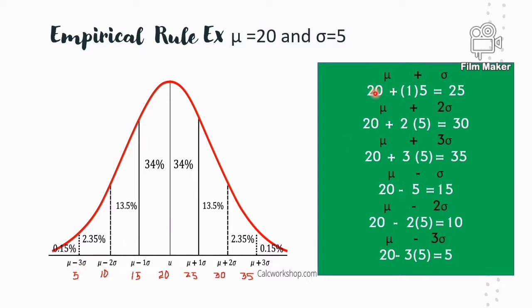So 20 plus 5 is 25, 20 plus 10 is 30, 20 plus 15 is 35. This is for the right side. 20 minus 5 is 15, 20 minus 10 is 10, and 20 minus 15 is 5. This is on the left side.